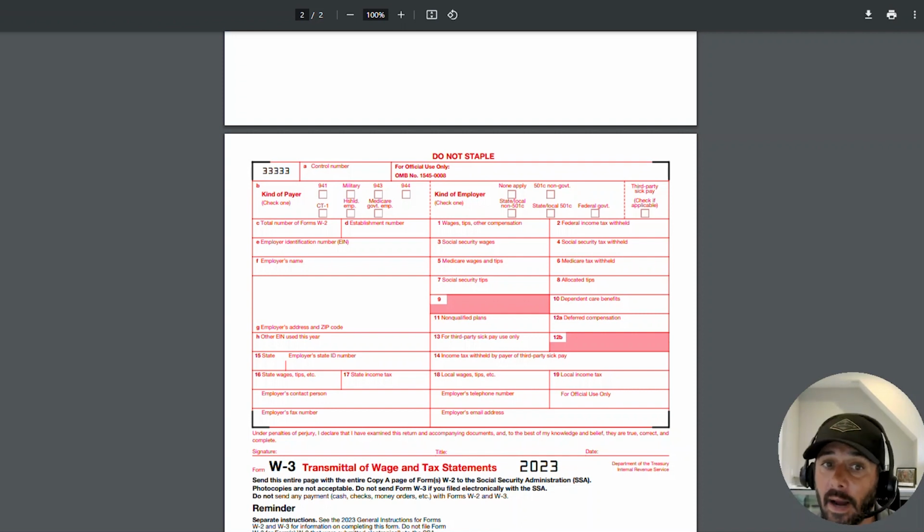You need to make copies of this form and keep it for, the IRS recommends at least 4 years. So if you're going to prepare a paper copy of the W-3, this is what you're looking at. You're going to prepare and file that with the W-2 form together.